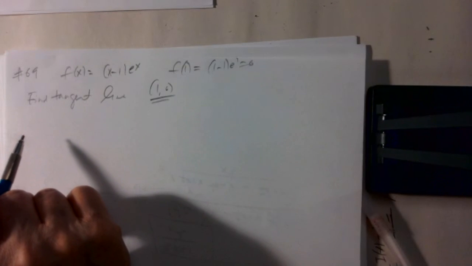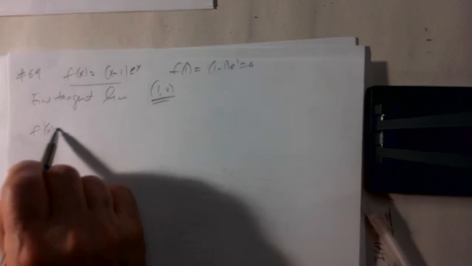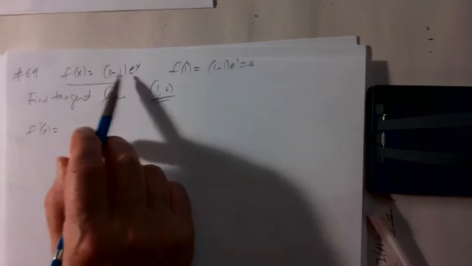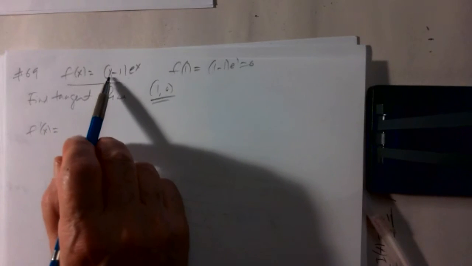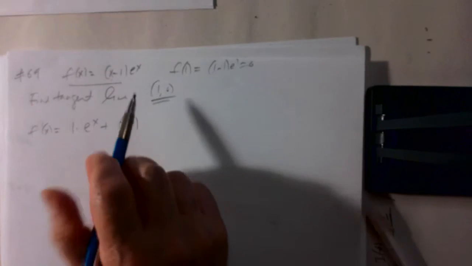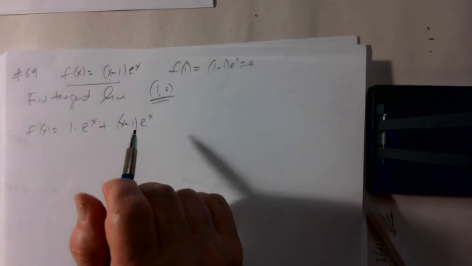So we have some curve. It goes through the point 1, 0. What's the tangent line? Well, the slope of the tangent line is the derivative. By the product rule, because this is a product of two functions, the derivative of x minus 1 is 1 times e to the x plus x minus 1 times the derivative of e to the x, which we saw was e to the x.